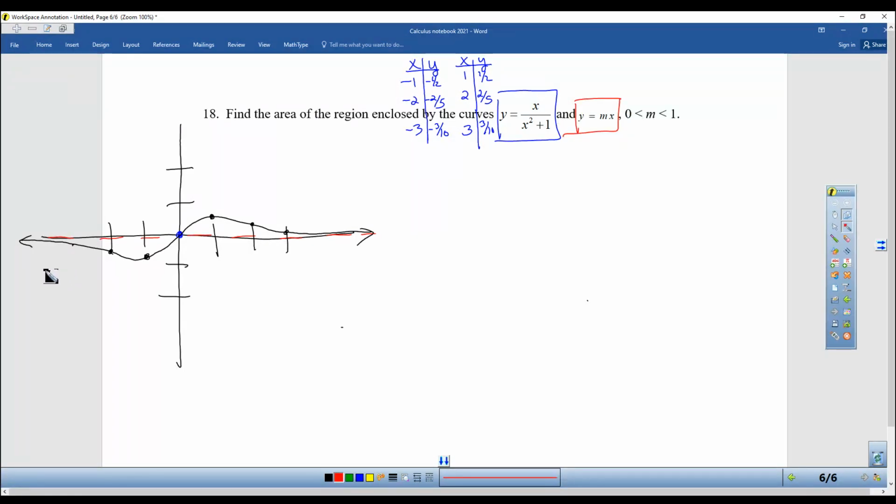So I don't know exactly what m is, so I personally am going to go through this point just to try and make it look even. So if I go through that one, then I'd want to also go through that one. And now I can see my region that's enclosed. Like I said, that line could shift, but at least now I'm getting this little region right here. There's 2 of them. They are going to be the same.